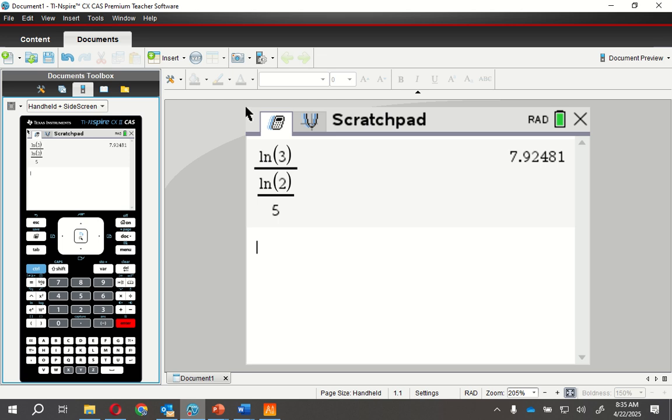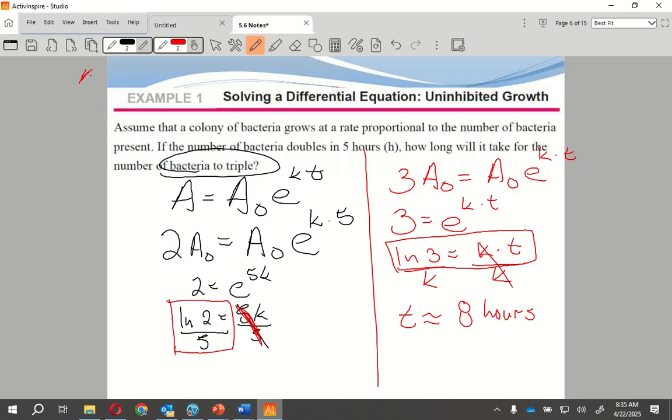Okay, I'm just making sure. I was just worried I missed a crucial step or something. No, just plug in the calculator. Sometimes I think I have a stroke and all of a sudden there's all this other stuff going on and I miss it all. Alright, 8 hours.